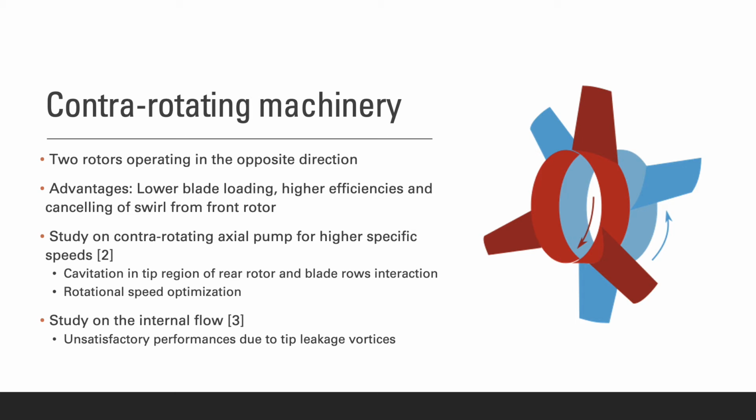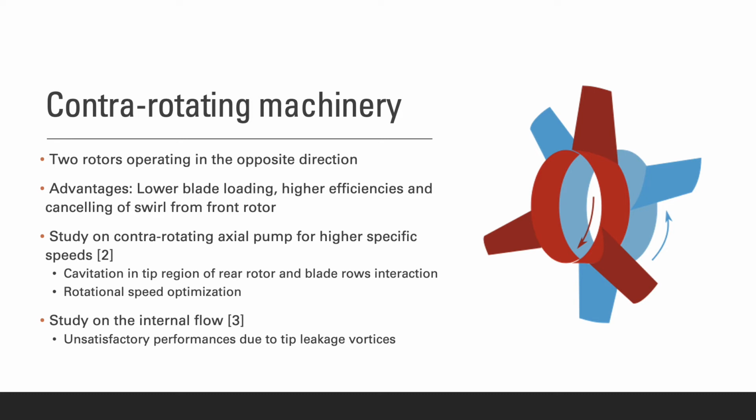The study had the front and rear rotor operate at the same rotational speed, and they found that cavitation occurred in the tip region of the rear rotor, suggesting that there was a pressure drop between the front and rear rotor. And they also found disturbances in the velocity fields, suggesting blade row interaction. This can cause repetitive stress that again leads to an unsafe and unreliable operation.